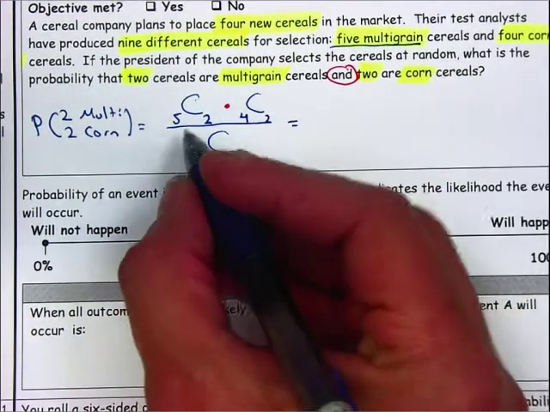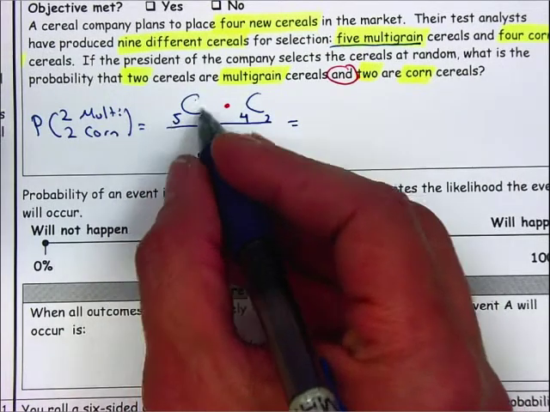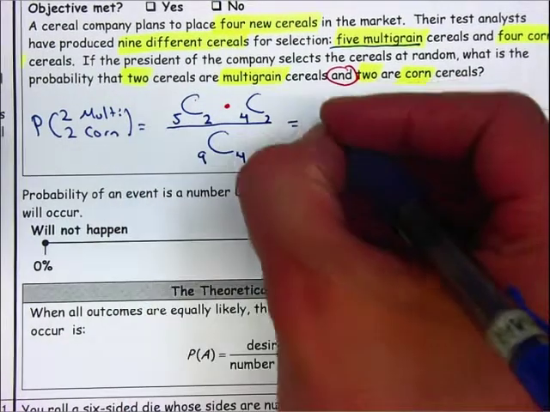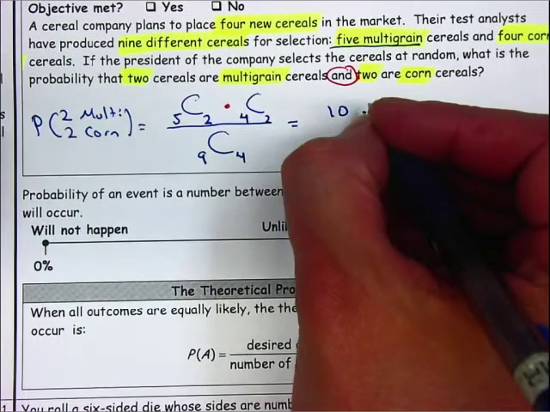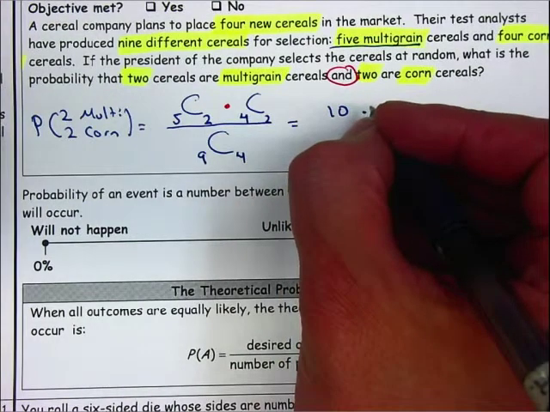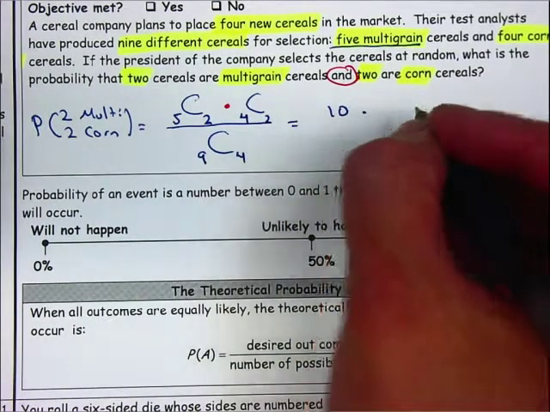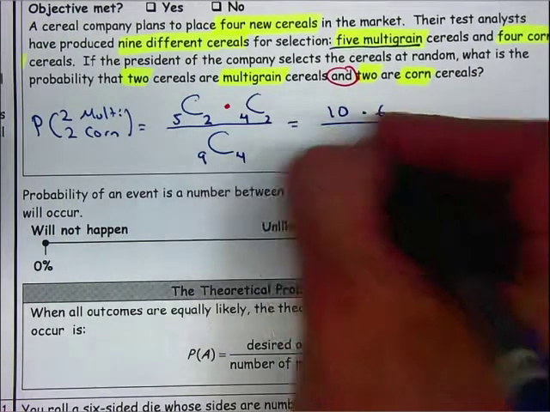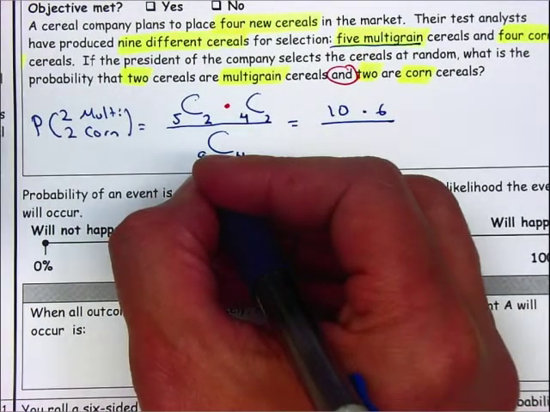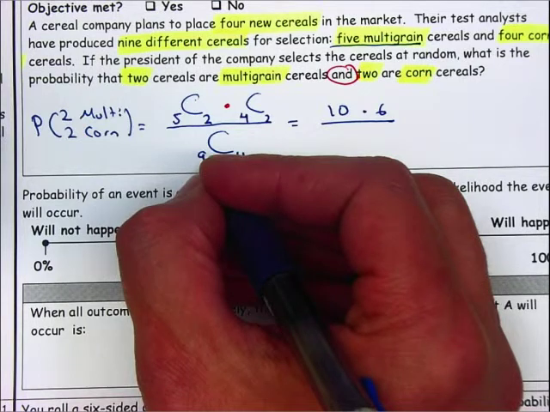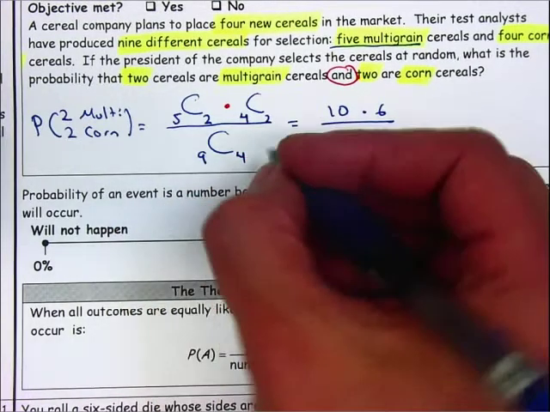Now, once you expand, just make it a little faster. 5 choose 2, that should give you a 10. If we do 4 choose 2, that should give you a 6. And if you do 9 choose 4, that should give you 126.